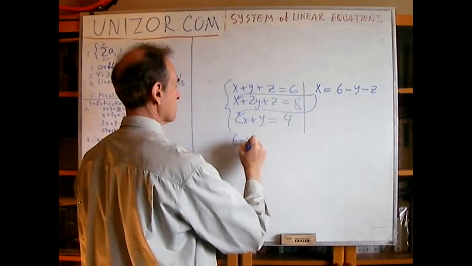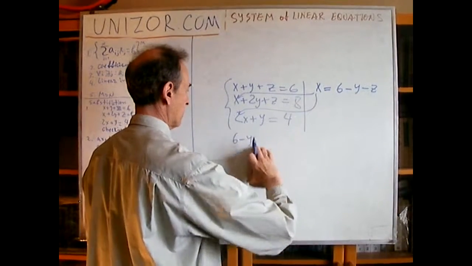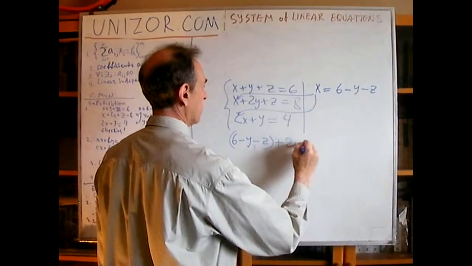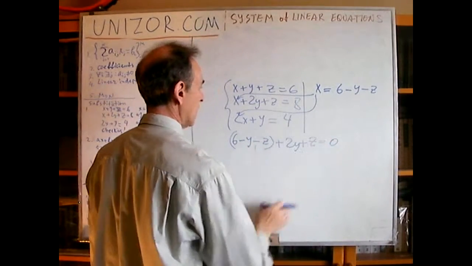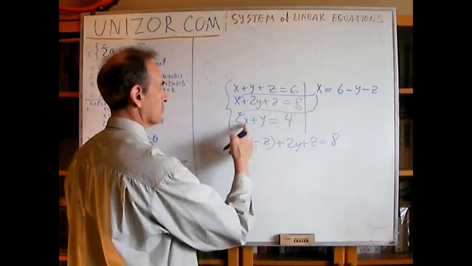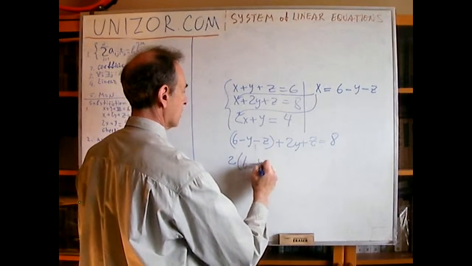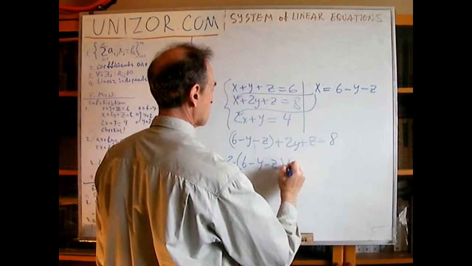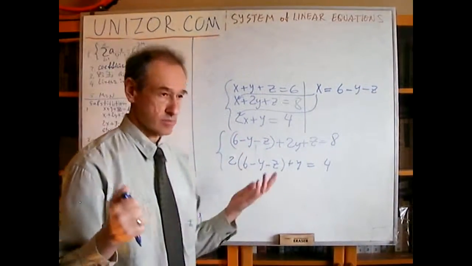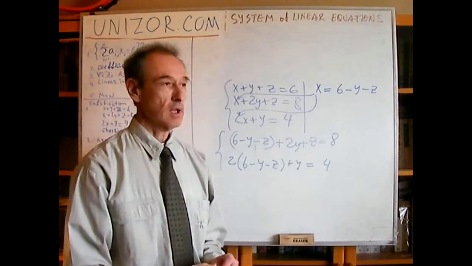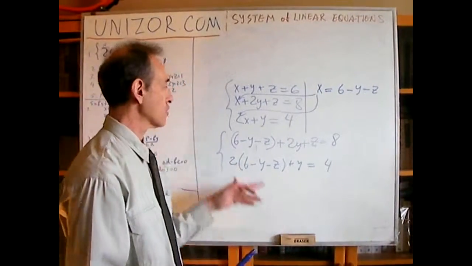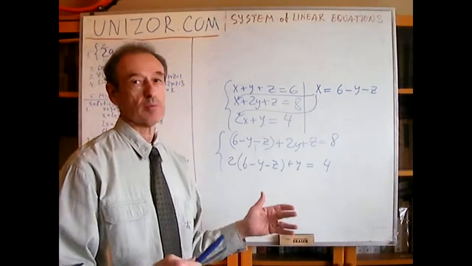Now what do we have in this case? Well, 6 minus y minus z plus 2y plus z equals 8. And 2x, which is 2 times 6 minus y minus z, plus y equals to 4. Now, as we know is supposed to happen, the method of substitution in one step reduces the number of equations by 1 and reduces the number of variables by 1.